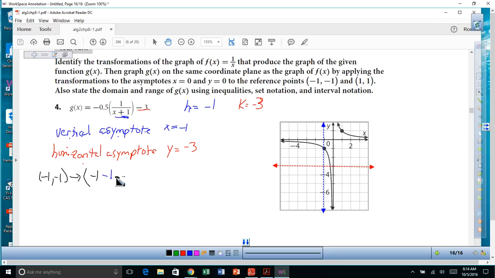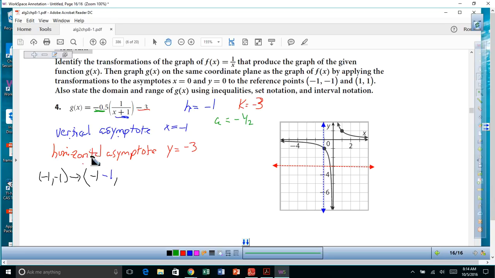Okay. And then we got our a. Our a is -1/2. So the negative is going to flip it over the x-axis, and the 1/2 is going to vertically compress it.